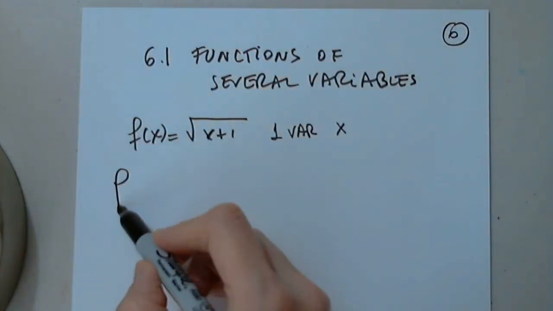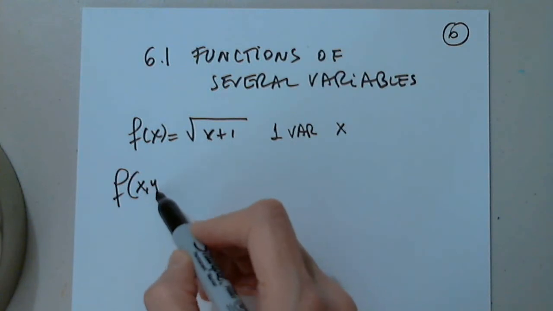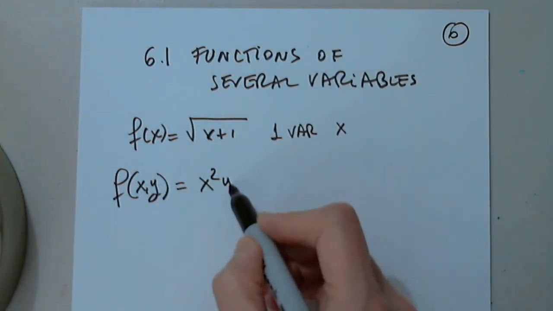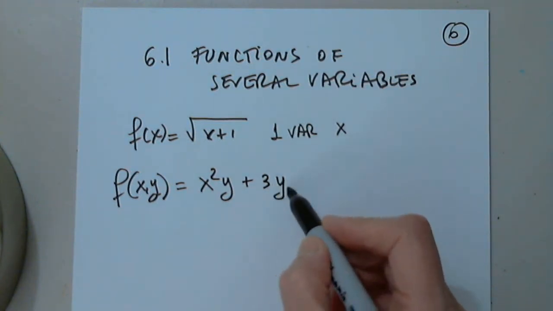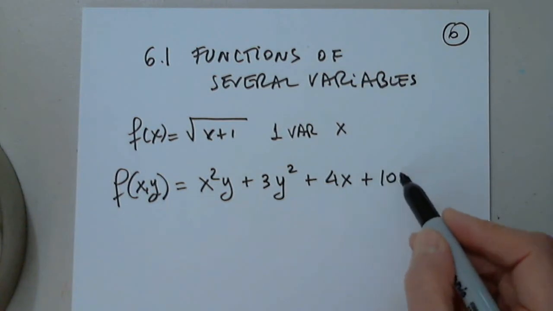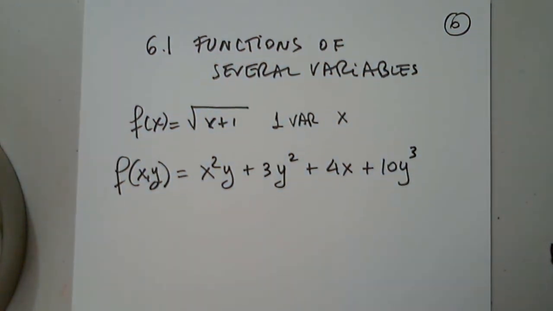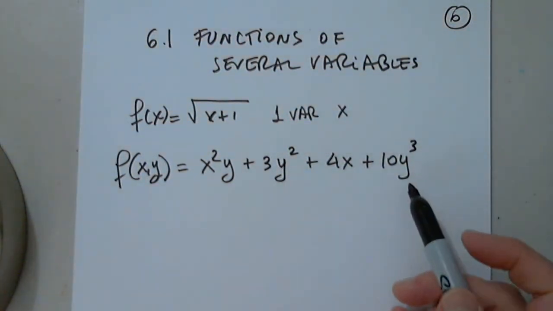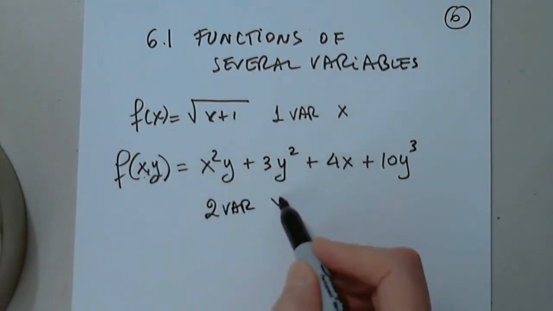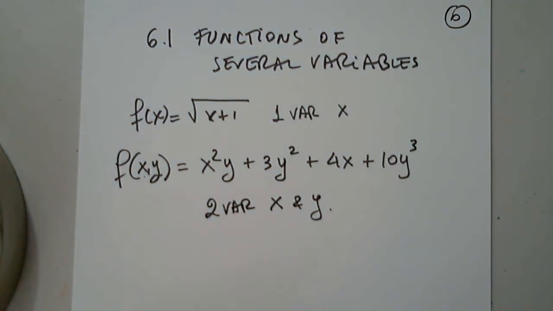But here's a function of x and y, like x squared y plus 3y squared plus 4x plus 10y cubed. As you see, this function has two variables, x and y.